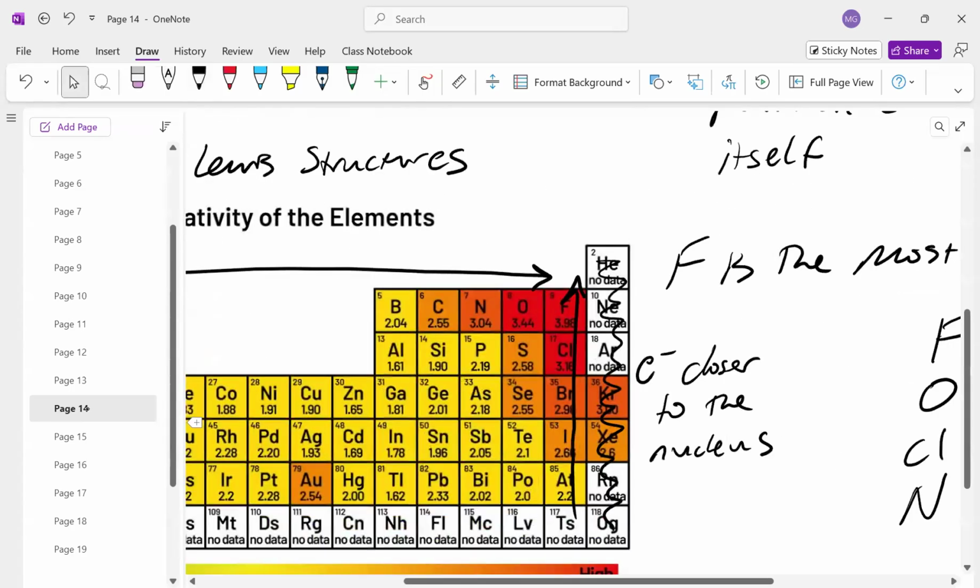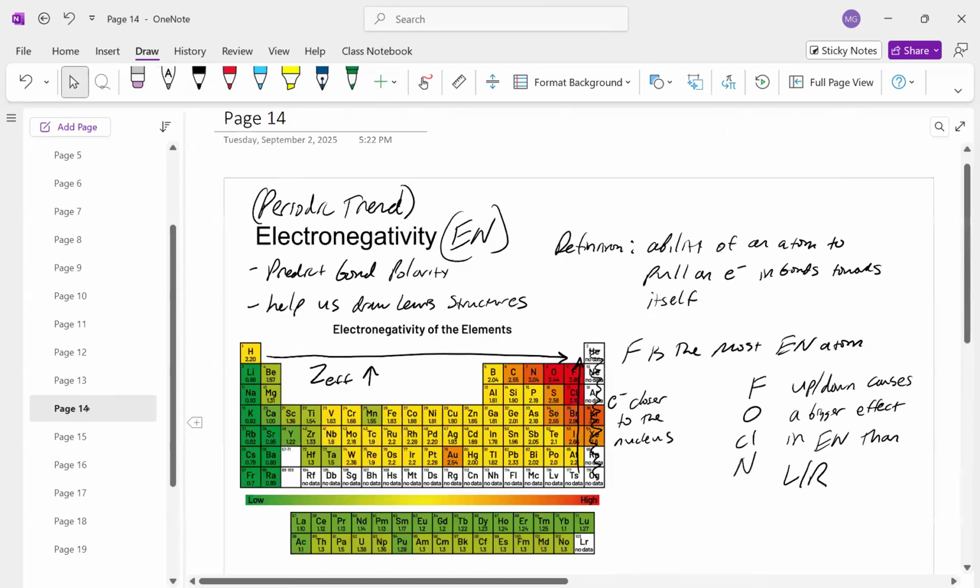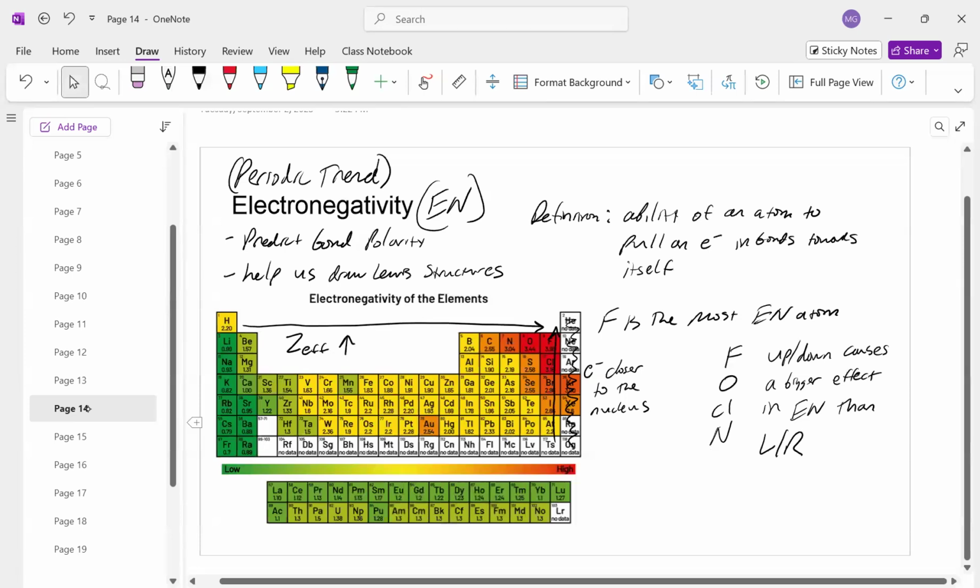Notice if you go from fluorine to chlorine, it goes down about 0.85 units or so. But going from oxygen to fluorine, or fluorine to oxygen, only goes down about half a unit. So going down a column has a bigger effect than going left or right.